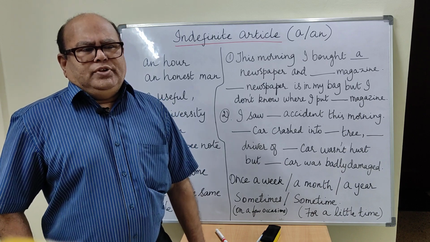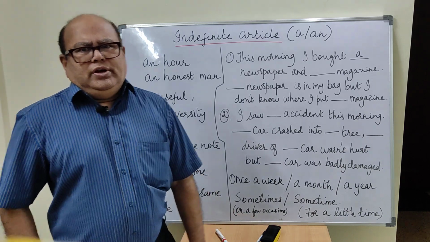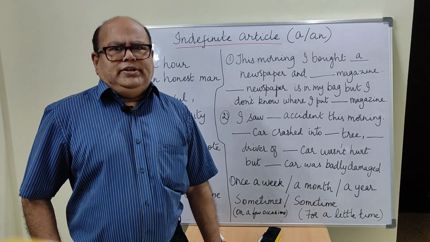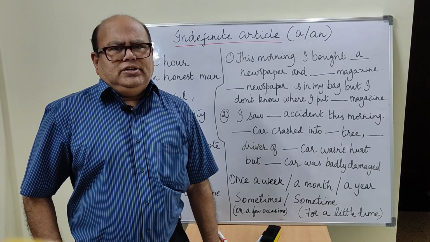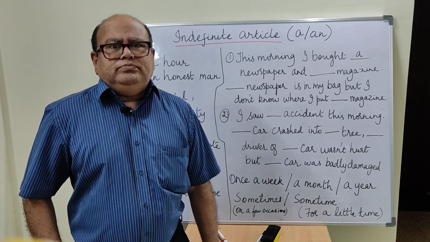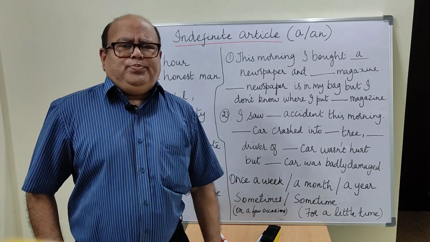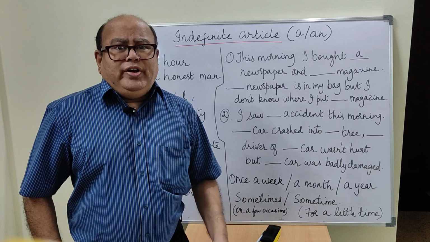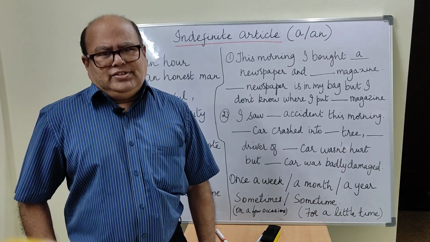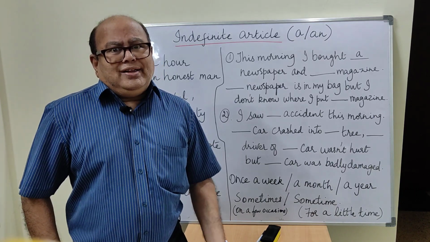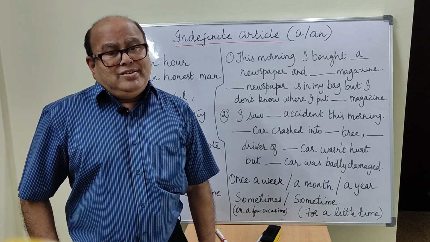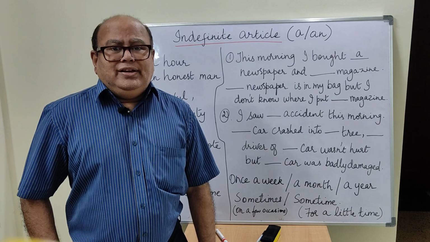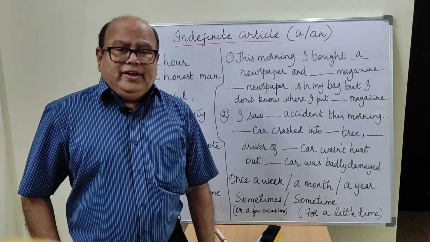Okay. So with this, I have completed almost all the necessary details about articles, and there is a minor point. Where do you repeat articles? When you repeat an article, it conveys a different meaning.